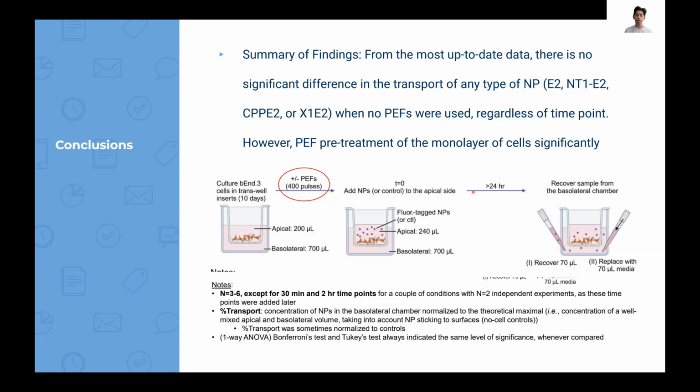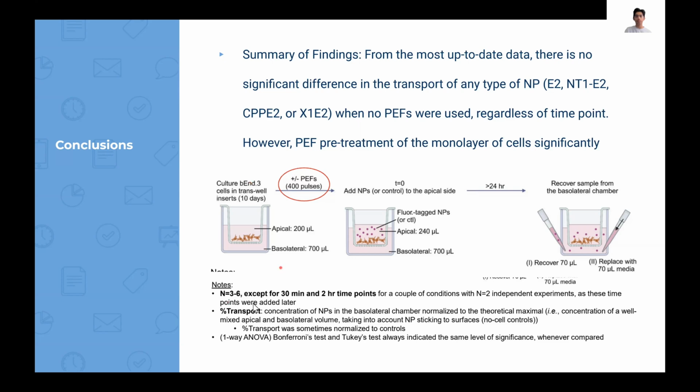We're seeing a positive correlation between pulse electric field application and nanoparticle transport over certain periods of time, and it's not causing extended cell death immediately after treatment, which is good because otherwise we wouldn't be able to measure anything.